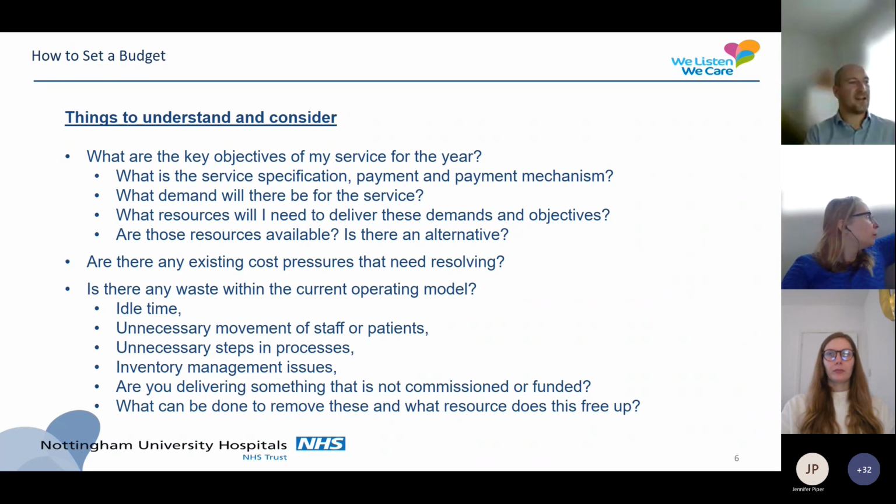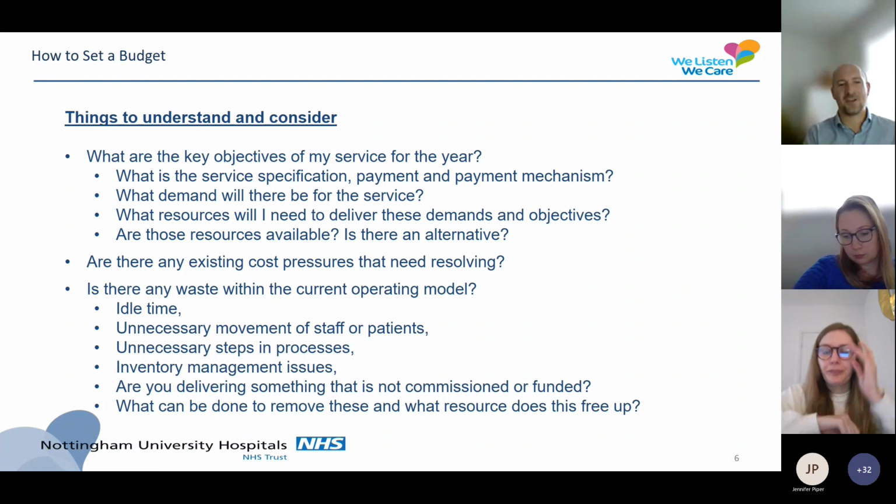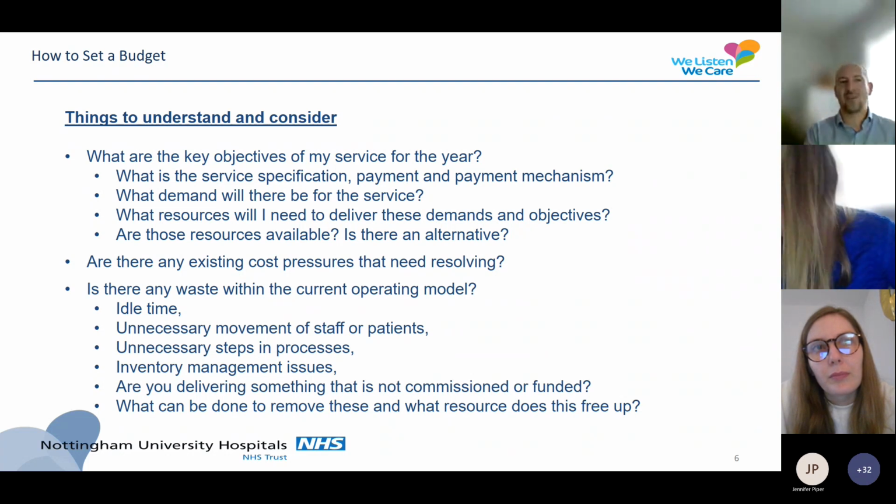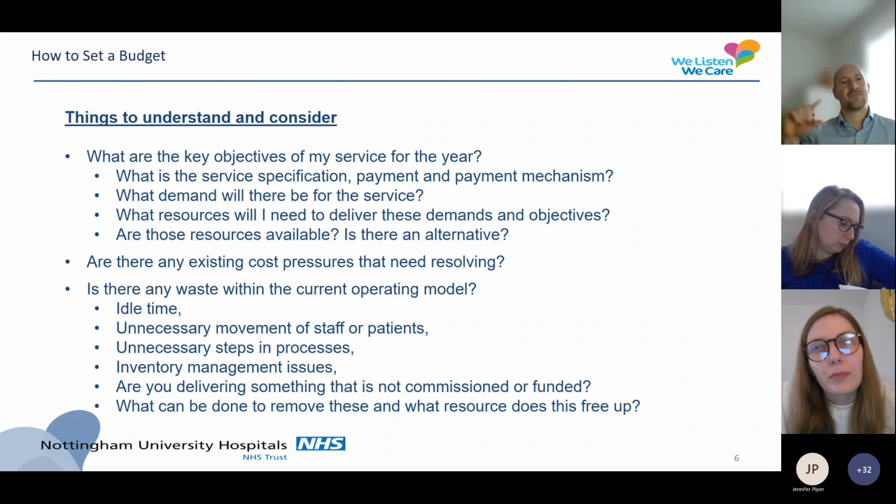Then on understanding, are you delivering something that hasn't been commissioned or funded? And this goes back to, do you understand what you're paid for and how you're paid? Quite often when finance go into review services, we'll look at what's being delivered and compare that to what we're actually getting paid for, and we realise that either through not recording activity or only recording certain parts of the activity, that activity isn't accurately reflected in how we get paid.